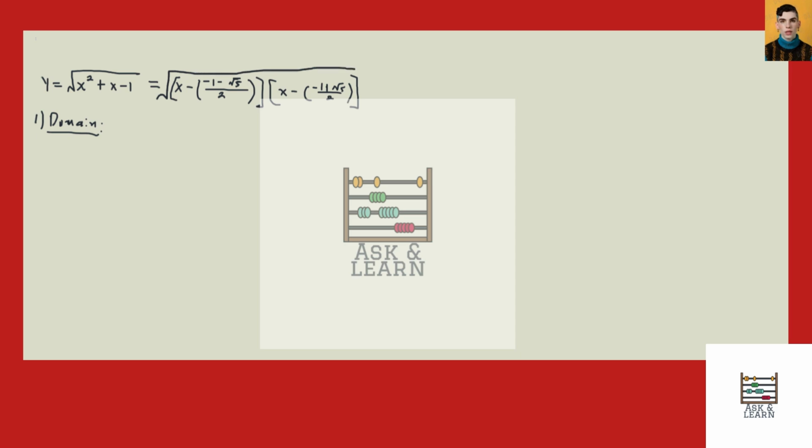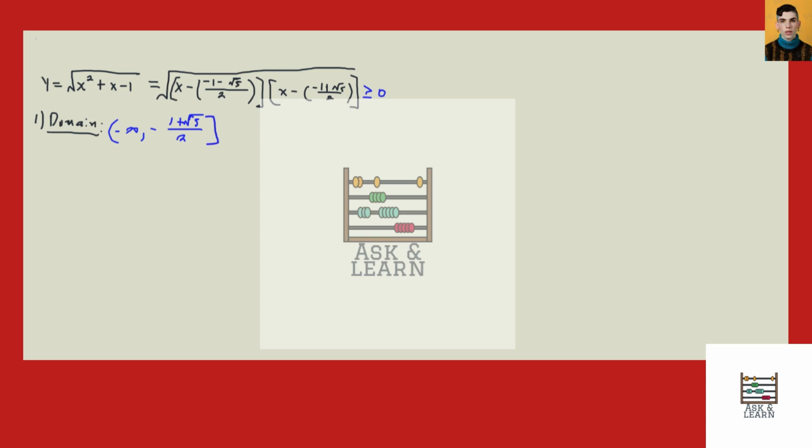If we set the inside greater than or equal to 0, we would get that our domain should be negative infinity to -1 plus the square root of 5 over 2.